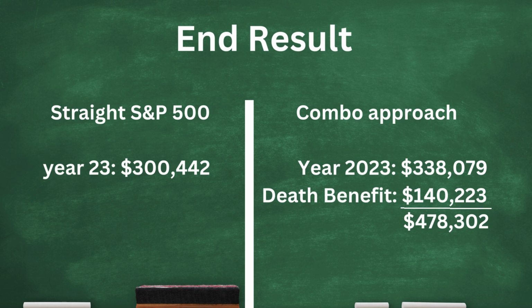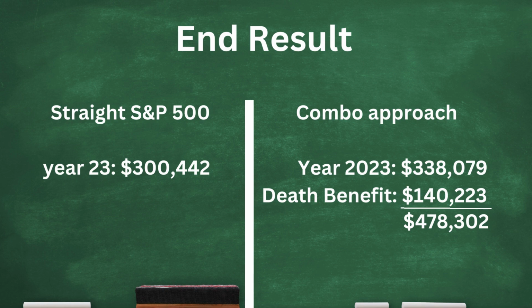However, taking that combo approach, we end up with $338,000 in the investments, plus we now have a funded life insurance policy with, in year 23, a death benefit of $140,000.